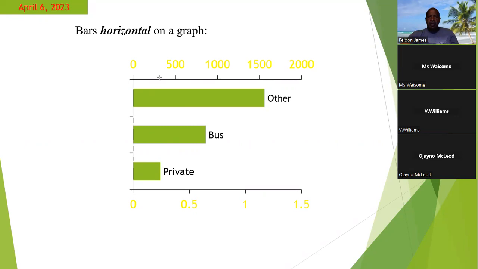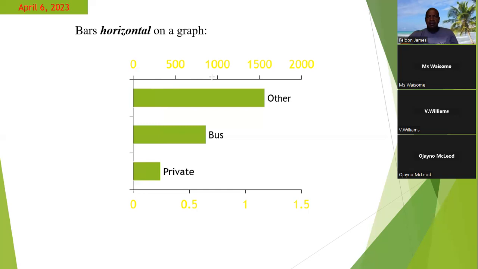So about right here coming down to this bar would be about 300 and what was it, 320? Right, so it has to measure 320 on this scale, and then now this length would represent that bar.